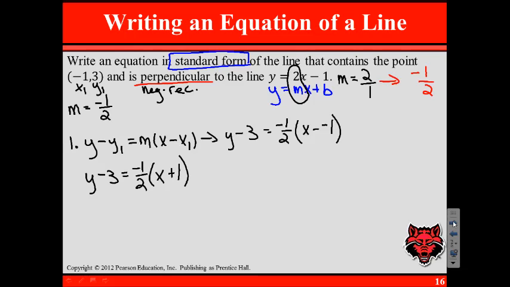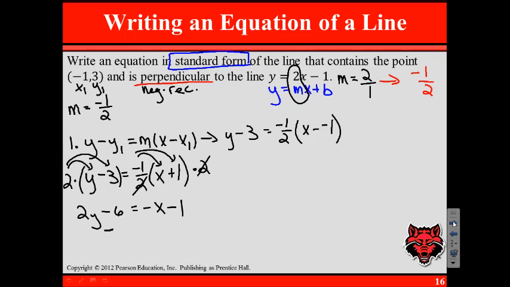Now remember before, when our slope was a fraction, we multiplied both sides of the equation by that denominator. In doing so, the 2's canceled on the right side. We would distribute 2 on the left side, and we would distribute the number that's left on the right side, that negative 1. So this becomes 2y minus 6 equals negative x minus 1.